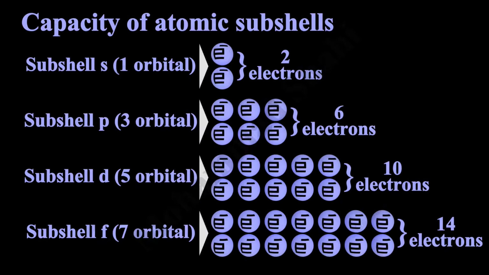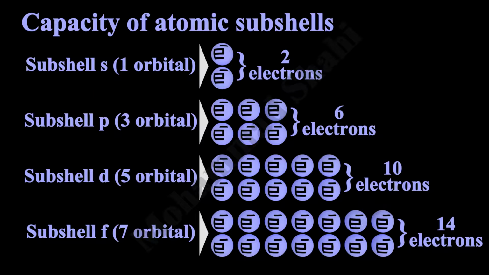10, and 14 electrons. This means when we build up electronic configuration of atoms by increasing atomic number one by one, or in other words, when we consider all 118 approved elements in a step-by-step sequence, in which we move from the element with atomic number Z to the element with atomic number Z plus 1 in each step, the complete filling of each s subshell is associated with 2 elements.